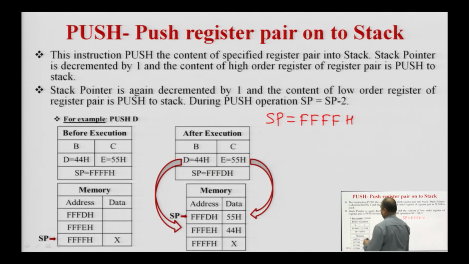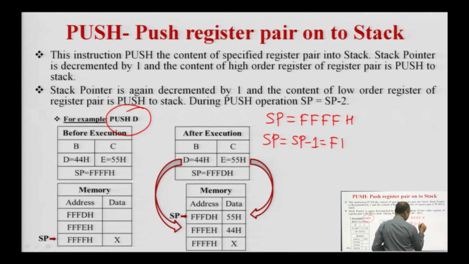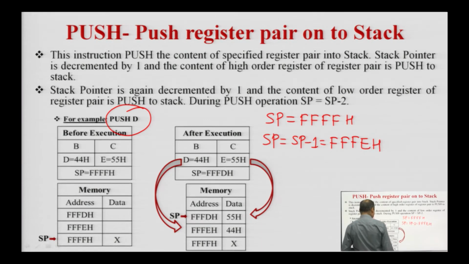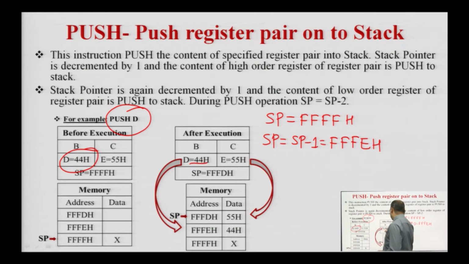Whenever microprocessor executes this PUSH D instruction, it will first decrement the stack pointer by 1, so SP equals SP minus 1, which becomes FFFEH. Then it will push the content of D register, that is 44H. See here, this 44H is pushed into the location having address FFFEH.